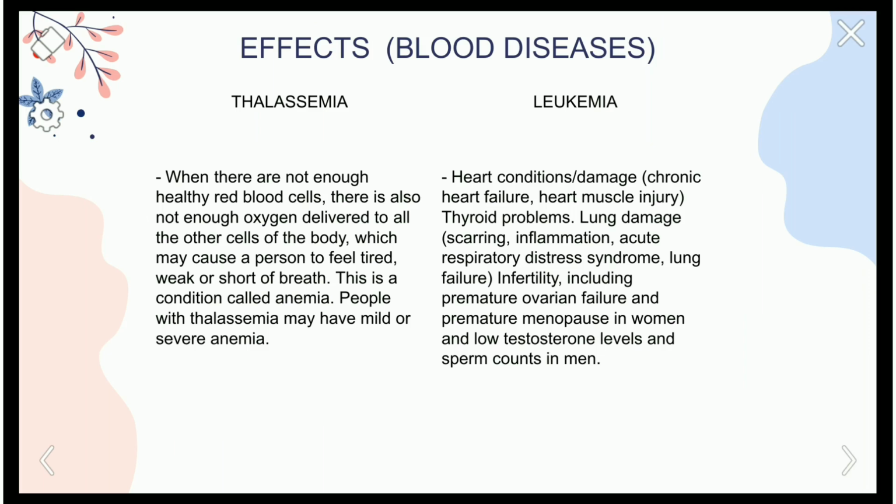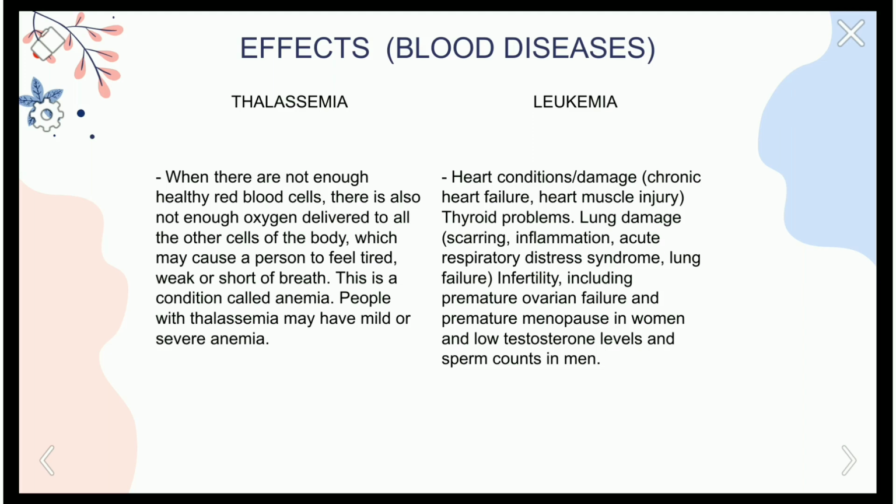Effects for blood diseases. Thalassemia. When there are not enough healthy red blood cells, there is also not enough oxygen delivered to all the other cells of the body, which may cause a person to feel tired, weak, or short of breath. This is a condition called anemia. People with thalassemia may have mild or severe anemia.